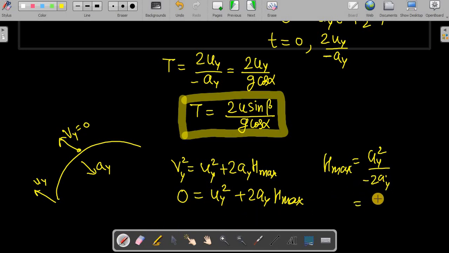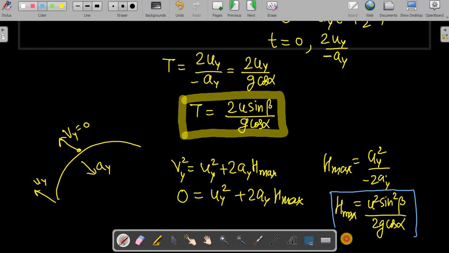So ay is minus g cos alpha, so it will become u square by, and what is uy? uy is u sin beta, so you can substitute that: u square sin square beta by 2g cos alpha. Okay, this is Hmax. So we get the idea about Hmax.